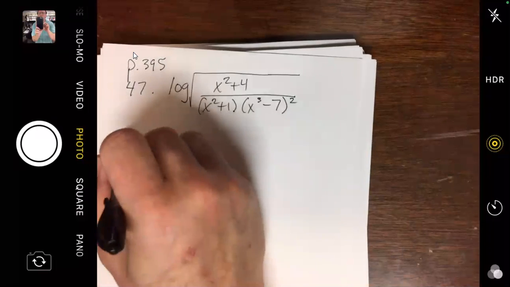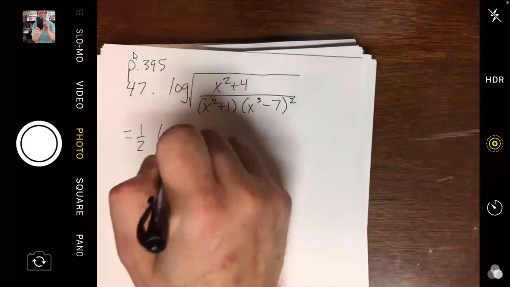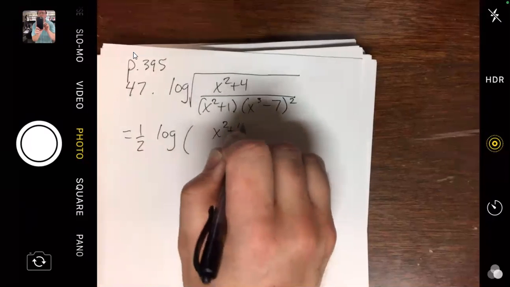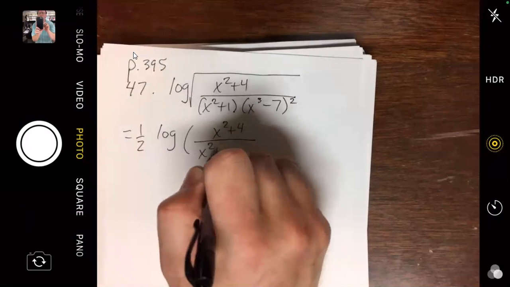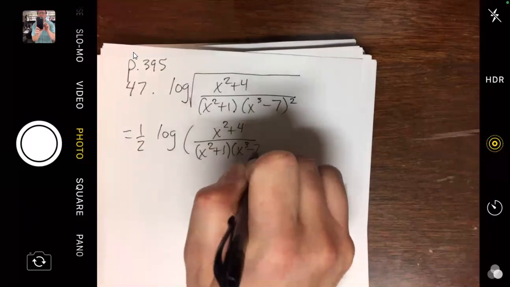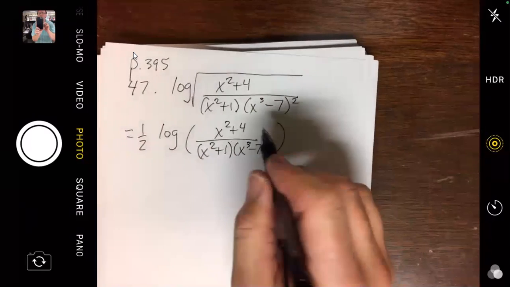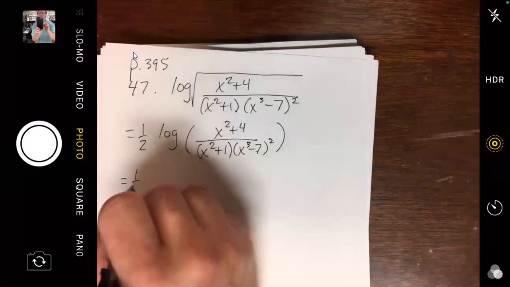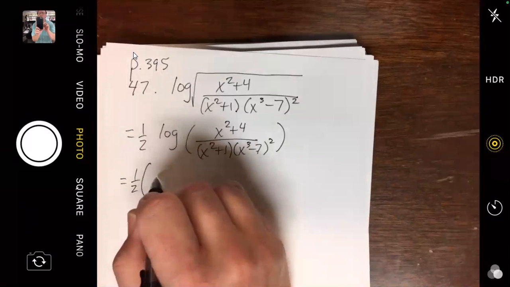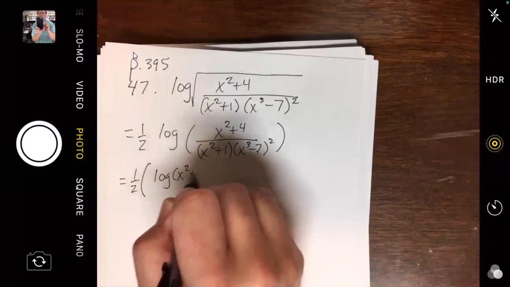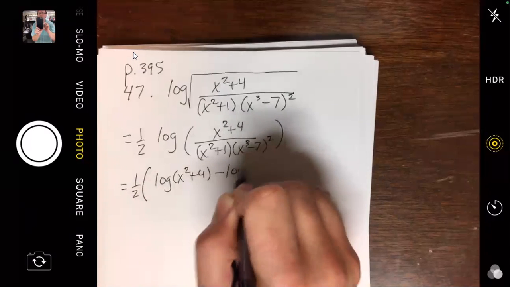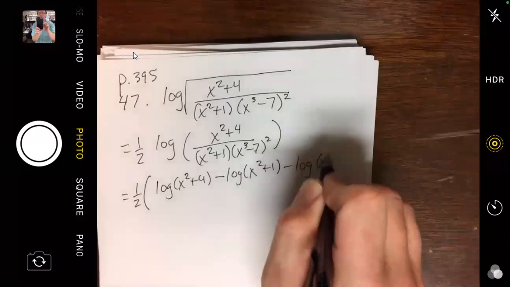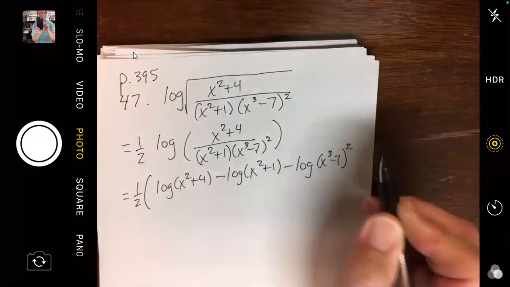Well, your square root is going to be a 1/2 log. And you still have all these same things. You have your x squared plus 4, x squared plus 1, and x cubed minus 7 squared. Remember, if you're on top, it's a positive log. On bottom, it's a negative log with a 1/2 as a coefficient. You have a log of the x squared plus 4 minus the log of the x squared plus 1 minus the log of your x cubed subtract 7 squared.